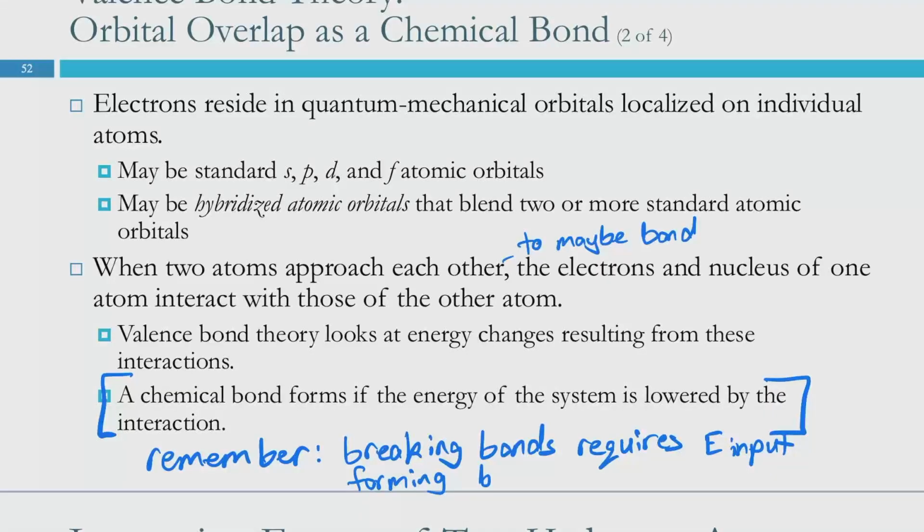So forming bonds releases energy. Because it is stabilizing. It lowers the energy of the atoms of the system.